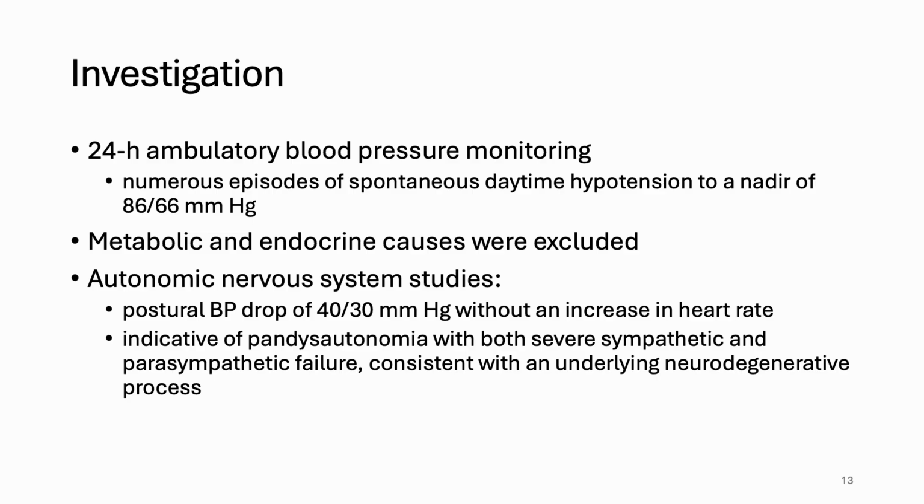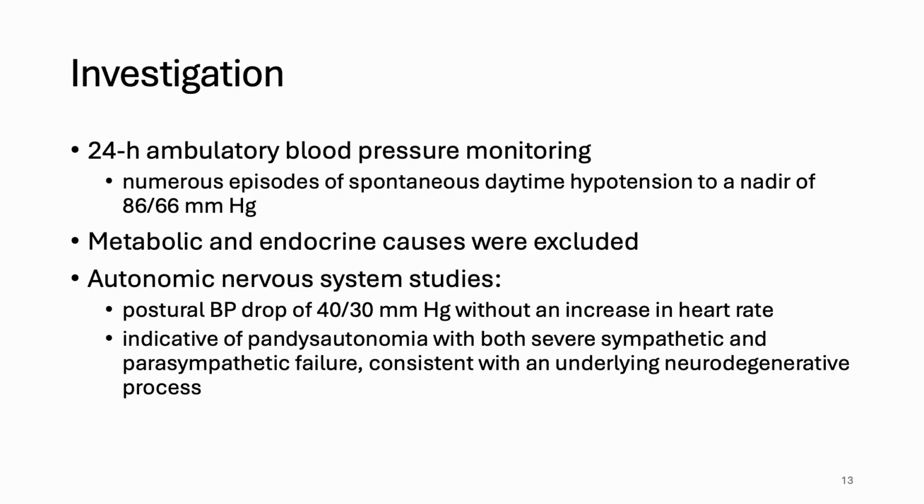Here are the investigations that were performed on this patient. On the 24-hour ambulatory blood pressure monitoring, the significant findings show numerous episodes of spontaneous daytime hypotension to a nadir of 86/66 mmHg. The author performed a panel of metabolic and endocrine investigations and these causes were excluded.